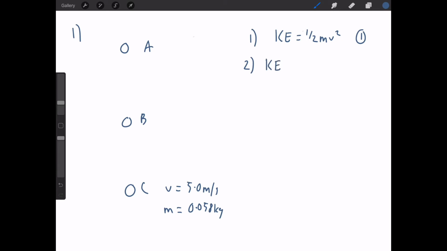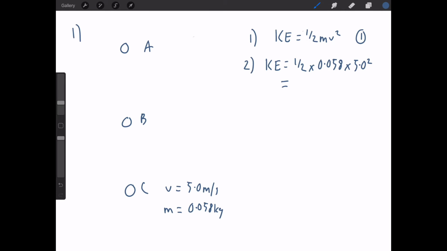So kinetic energy is 1/2 times the mass, 0.058, times the velocity, which at position C will be 5.0. We're in standard units, meters per second and kilograms, so we're absolutely fine with that. Don't forget to square the 5, it's v squared.